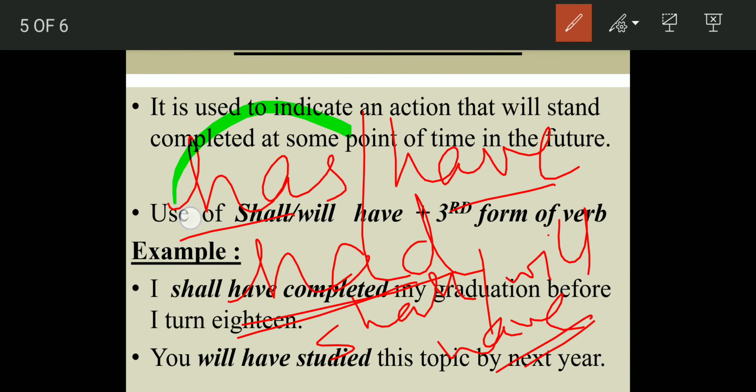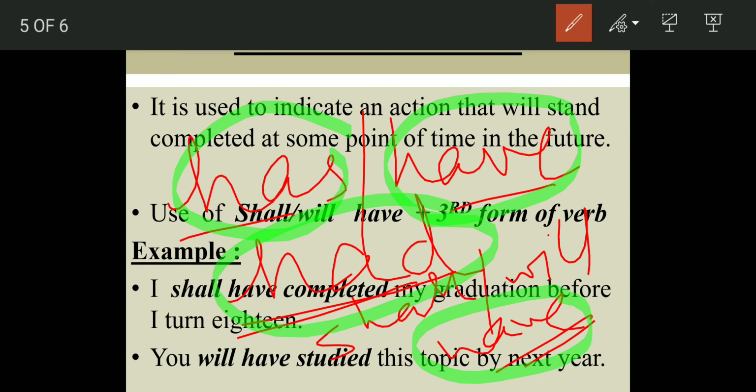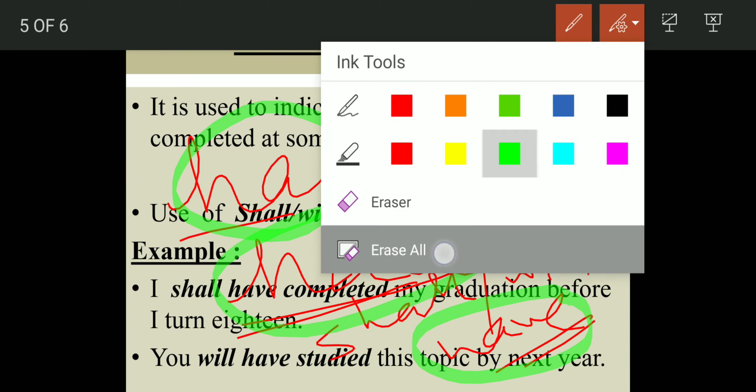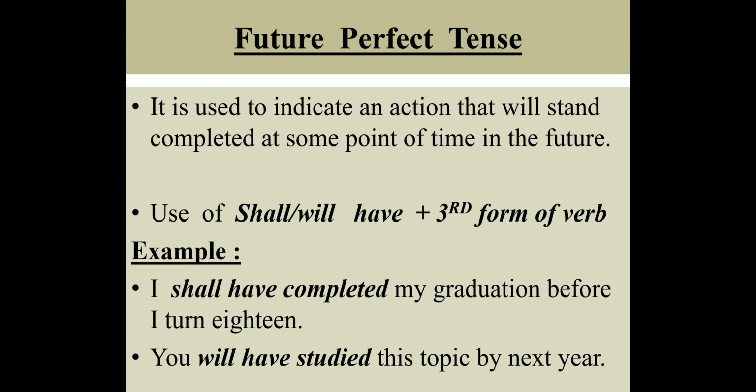Whenever you see such terms, has, had, have, you will immediately know it is the perfect form of the tense. So whenever you are asked to write in the perfect form of the tense, you will be converting into has, have, had. In present, has or have. Past, had. In future, shall, will, have.